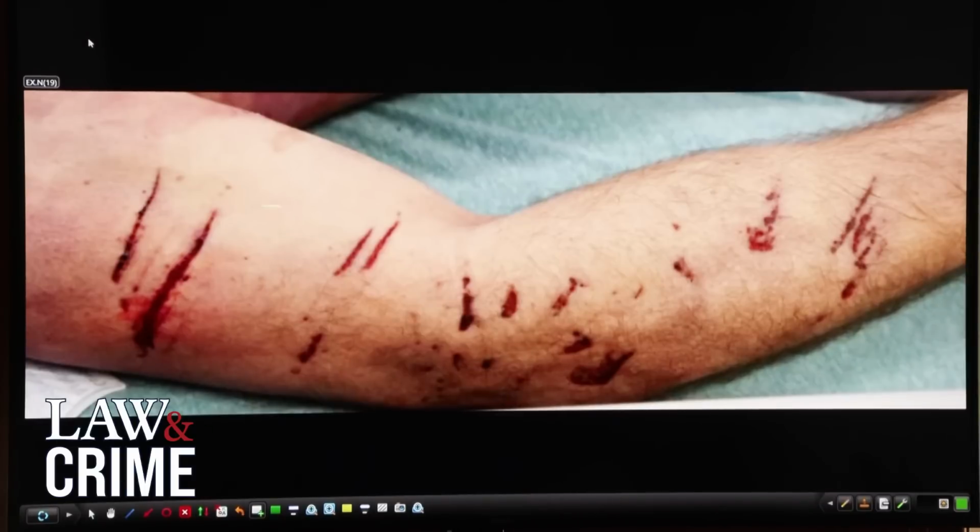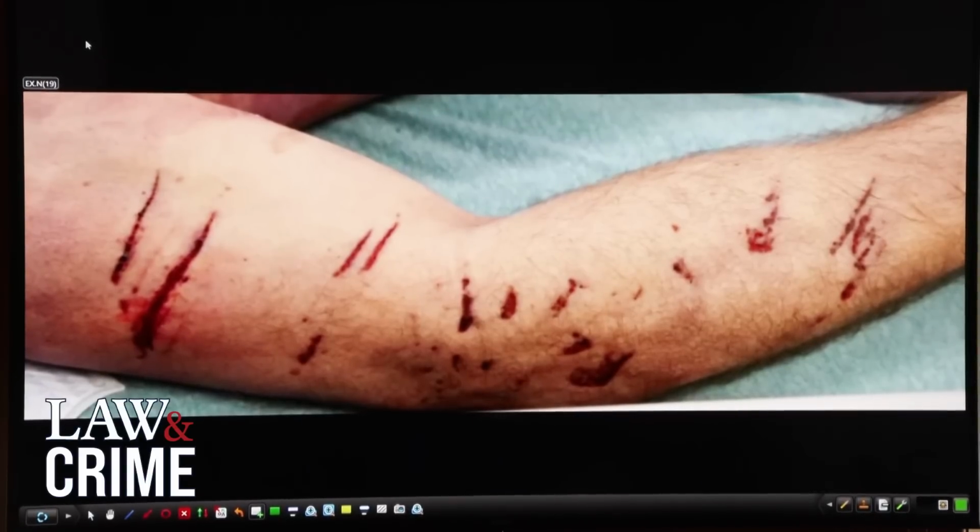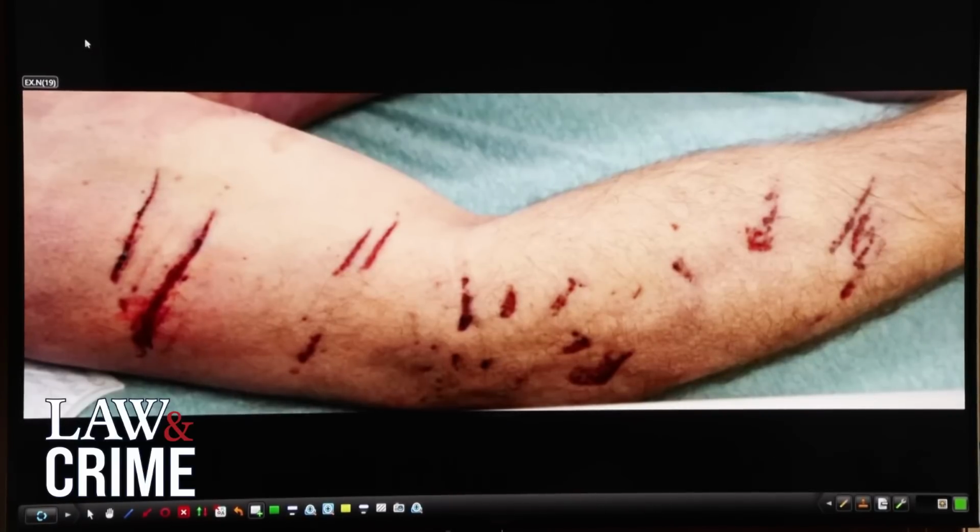There's a number of patterns here. On the upper part of the arm, there's parallel lines, and those were inflicted by either teeth or claw marks. So this is one set right here.